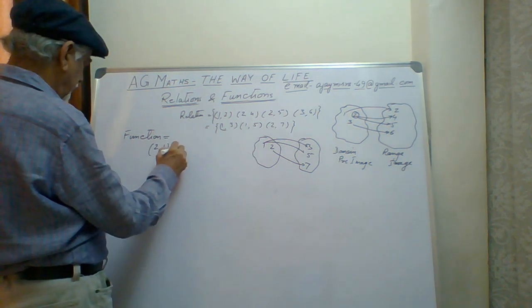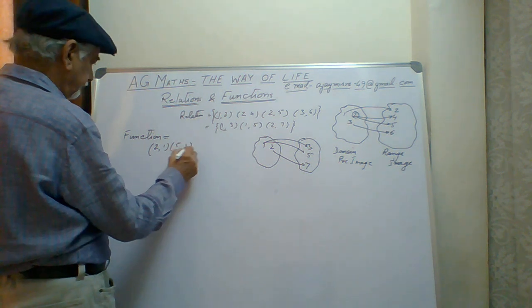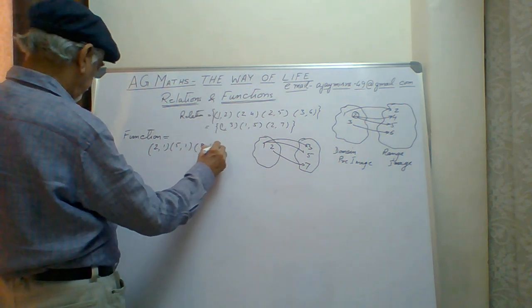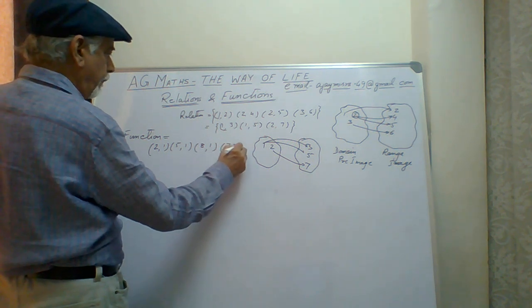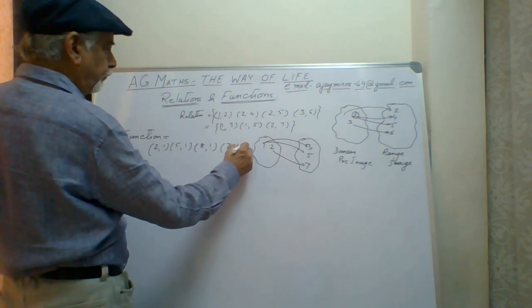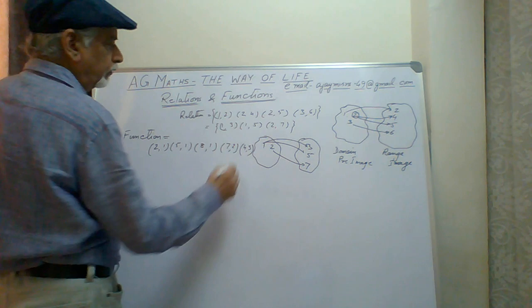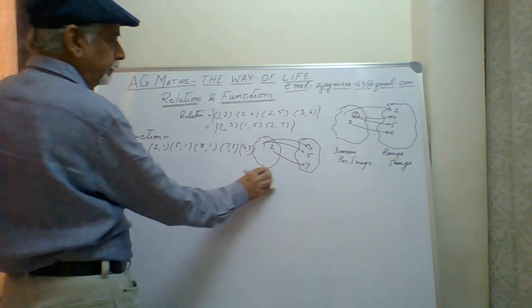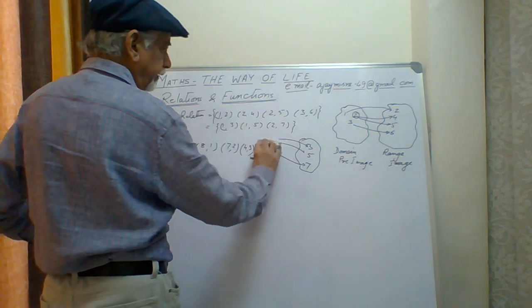2 1, 5 1, and 8 1, 7 2, and 4 3. You have understood. I'll clean this part of the figure.